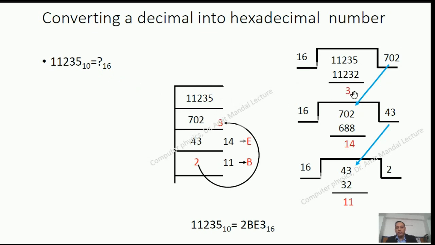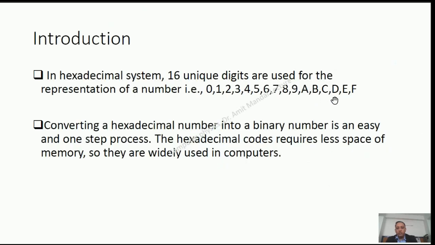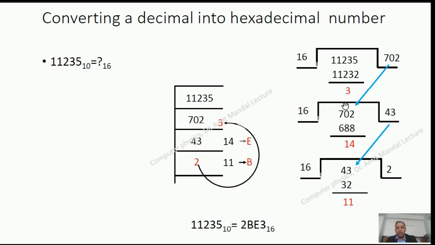The remainder over here is 3 and the quotient is 702. Now take this 702 and again divide by 16. You will get some quotient and some remainder. So below this 702, write the quotient, that is 43, and write the remainder, that is 14. For 14, we use the symbol E. So we will take this symbol E.